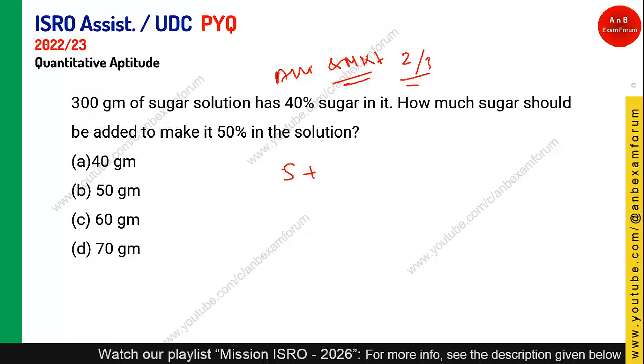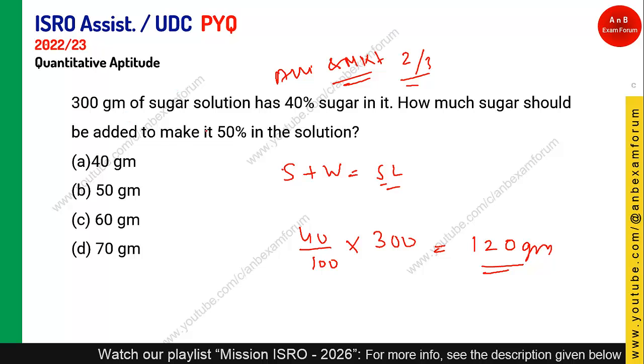Sugar solution is what? Sugar plus water is your sugar solution, just remember. So 40% of the total solution of 300 gram is sugar, so there is 120 grams of sugar in this particular sugar solution.